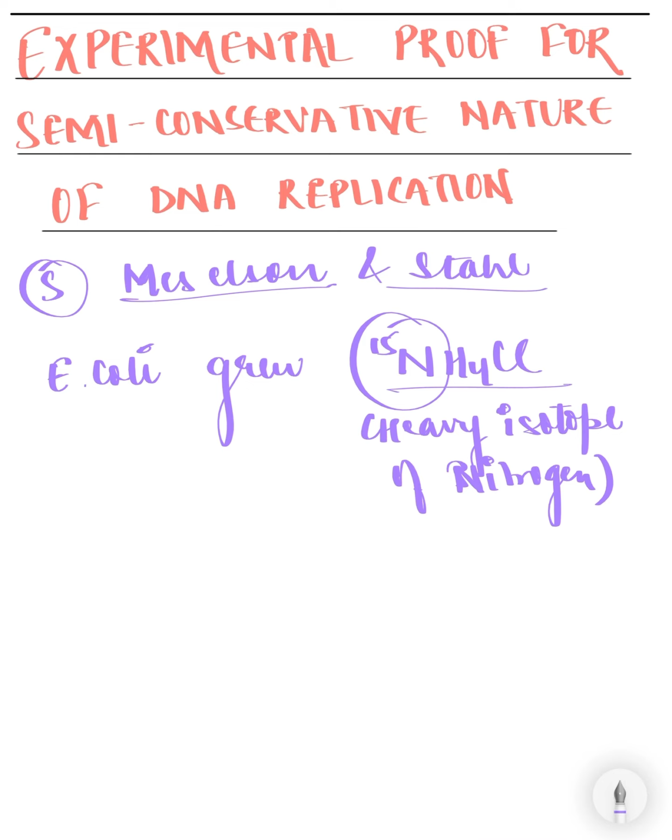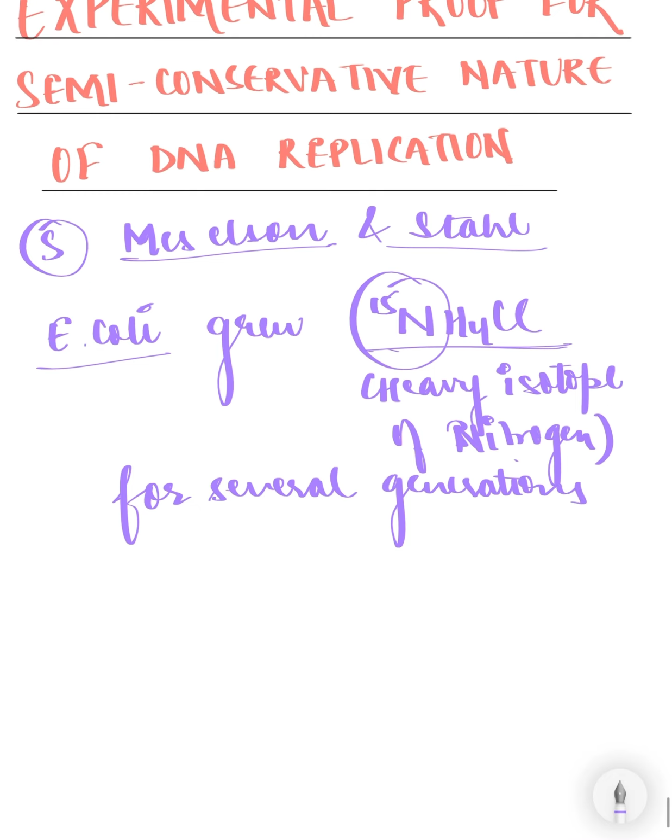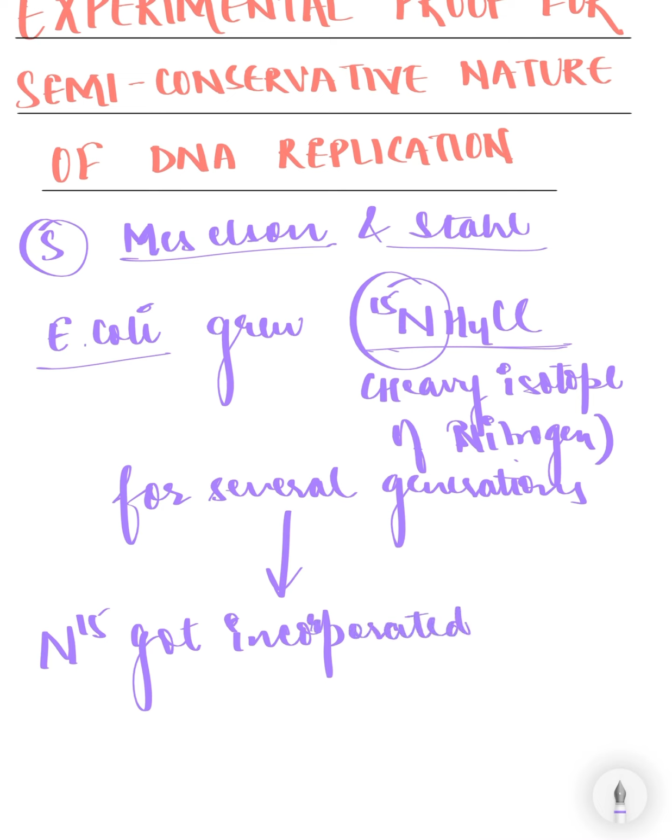They grew E. coli in this medium for many generations. So when they grew it in this medium, the heavy isotope of nitrogen got incorporated into the newly synthesized DNA.